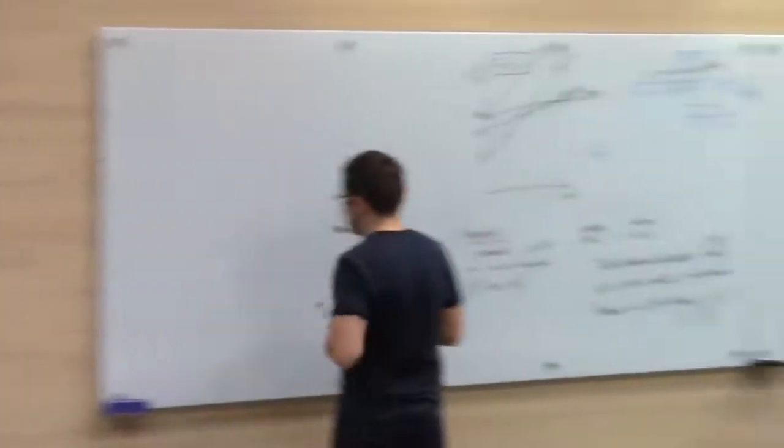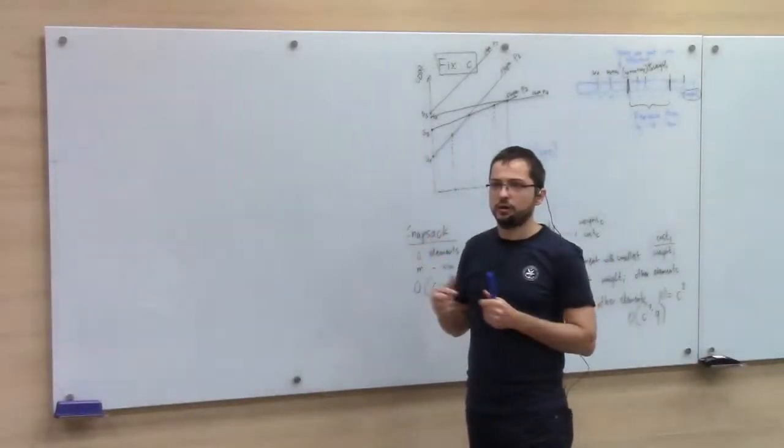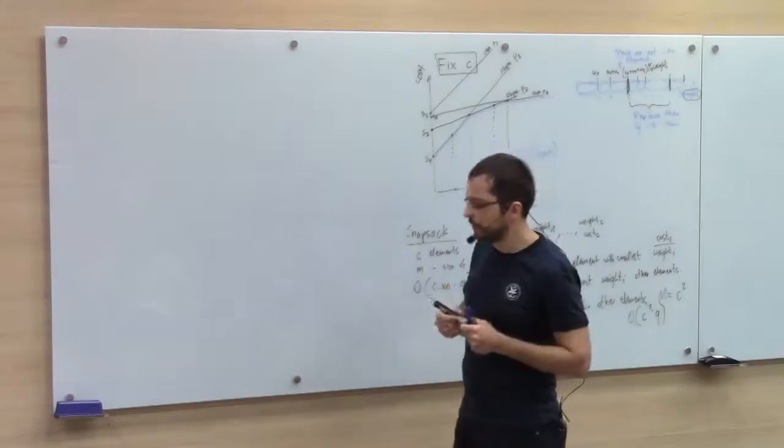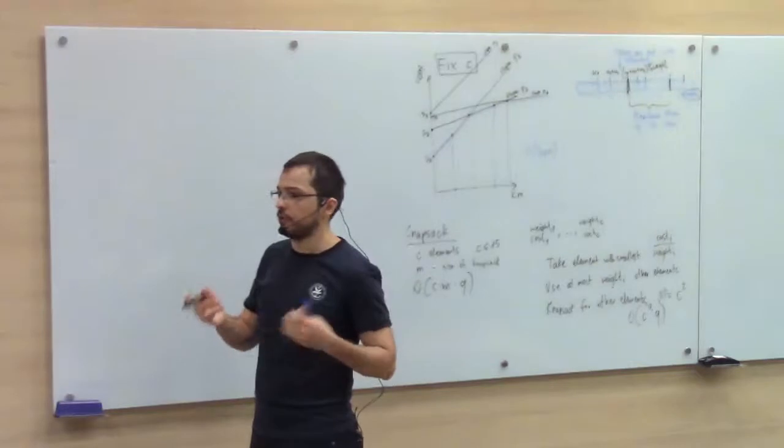So suppose that we have two types for which in the optimal solution we do not take all of them or 0.